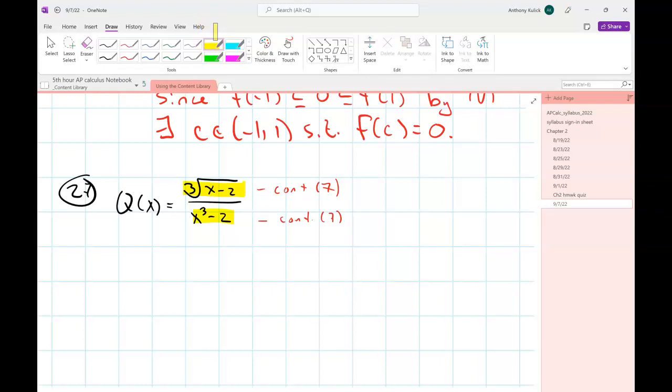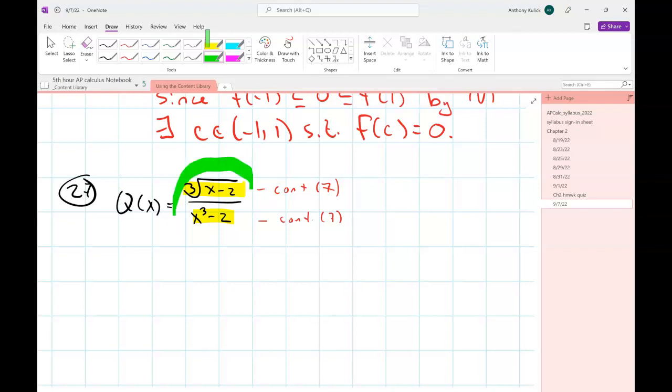Yep. So again, that's included in 7. So those are both continuous. Both those parts are continuous.